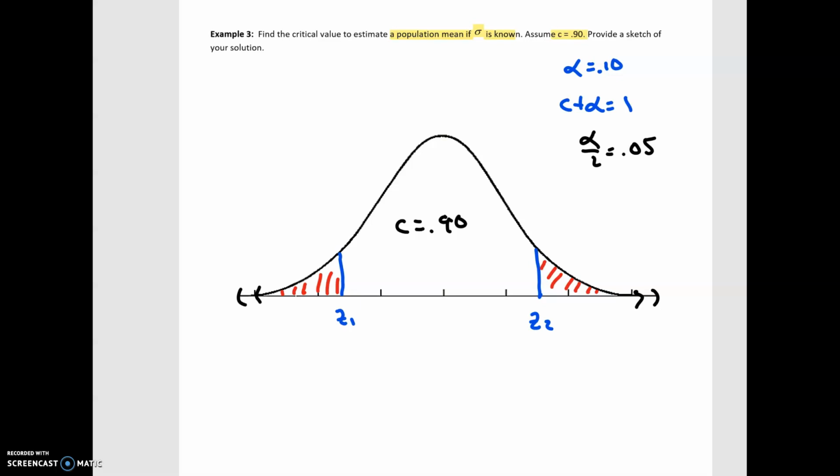And let me give you the code for this one. The code for this one is going to be inverse norm of 0.05, 0, and 1. Please take a second and run it.